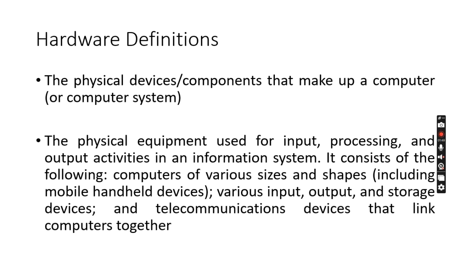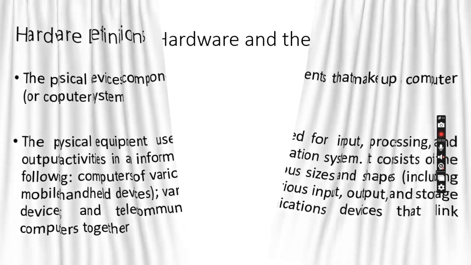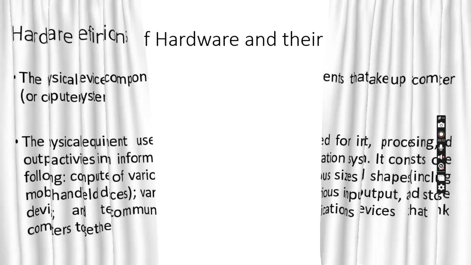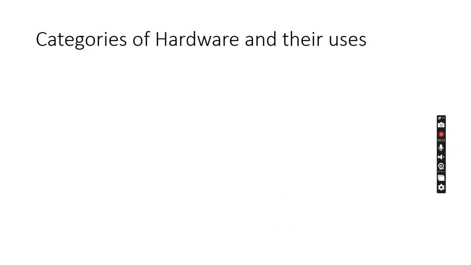It doesn't matter what kind of phone, but it is computer hardware. It includes various input, output, and storage devices. It includes several telecommunications devices that link computers together. So as long as it works with and is part of a computer system and it is physical, it is computer hardware.